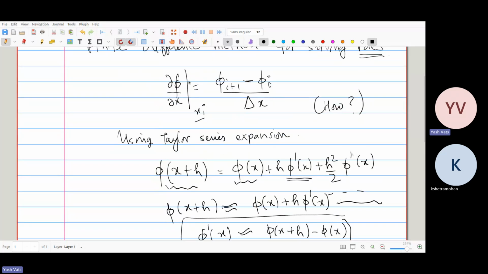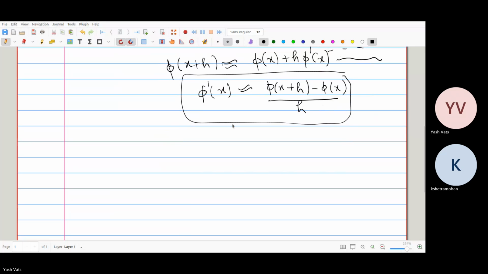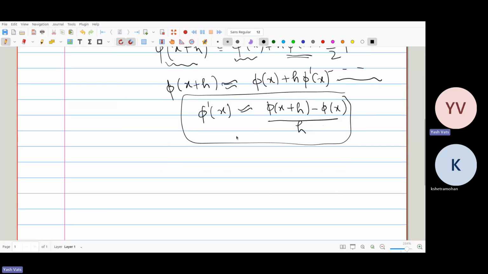You approximated your derivative in this way. For the partial derivative, del phi over del x is approximated as phi x plus h minus phi x over h.